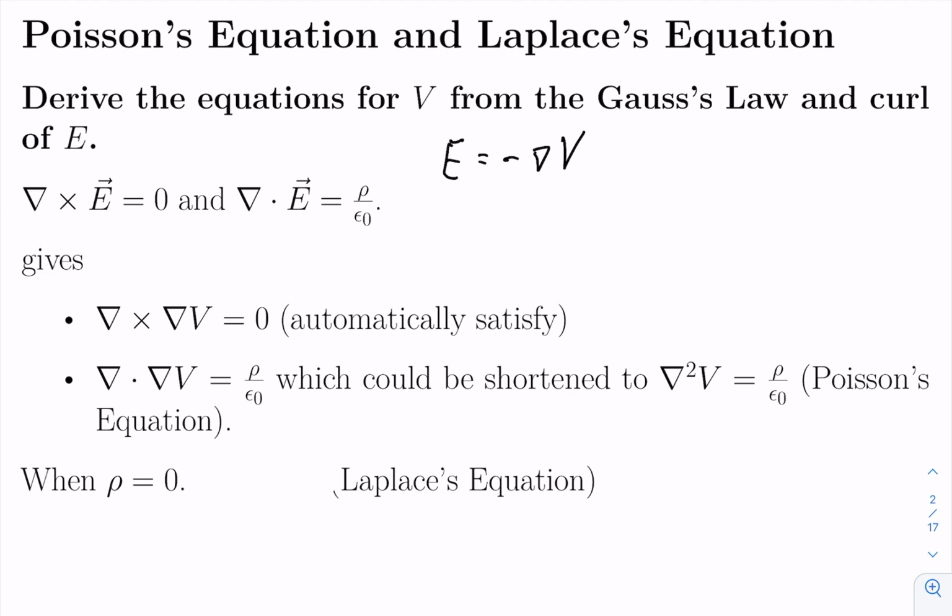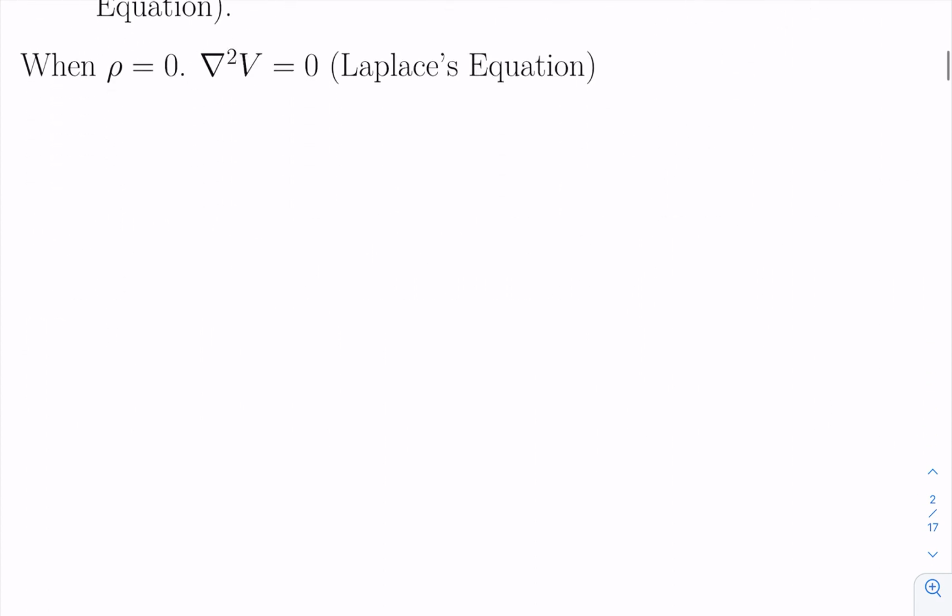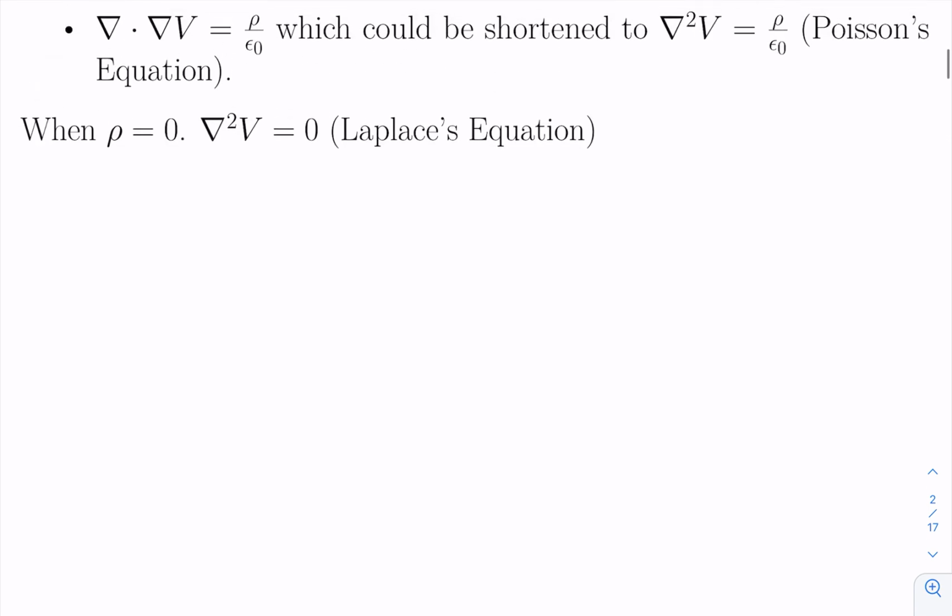Here, del squared V equals rho over epsilon naught is actually a famous equation called Poisson's equation, and there's a special case where the right hand side becomes zero, called the Laplace equation. In chapter 3, we are going to solve this Laplace equation, and that will start from Thursday.